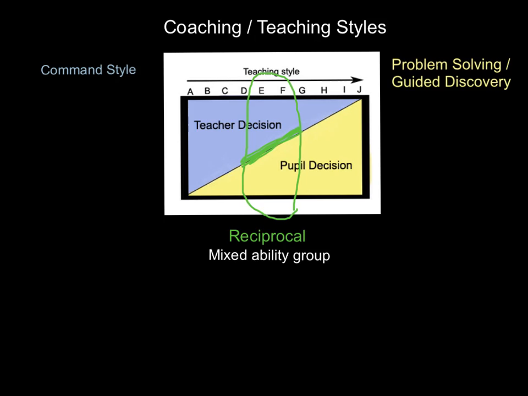The classic time you'll use it is when you've got a mixed ability group. Okay? Now here's a scenario. You've got 20 members of your group and of your team. Let's say 4 of them are high-level performers, decent performers. You've known them a while, you've coached them a while, and you've got 16 new ones who are a bit weak.